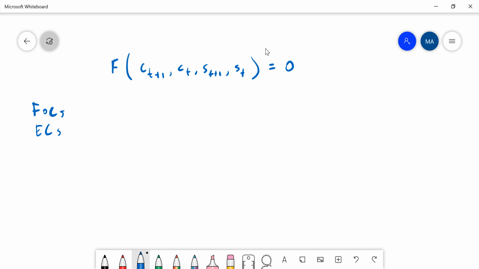Okay, so this f function then, so what is the dimension? So suppose that this has dimension n, right? And this has dimension m. So there's an n vector of control variables and m vector of state variables. So at the end, this system must have n plus m equations, all right?